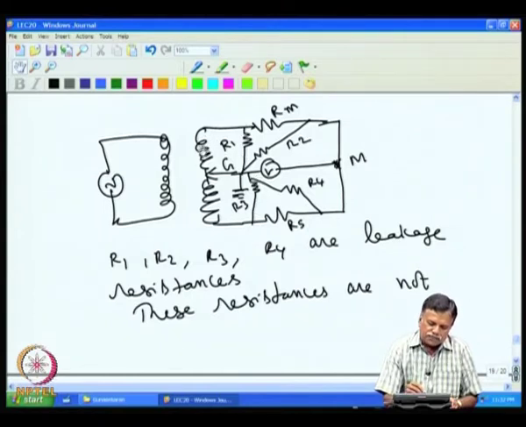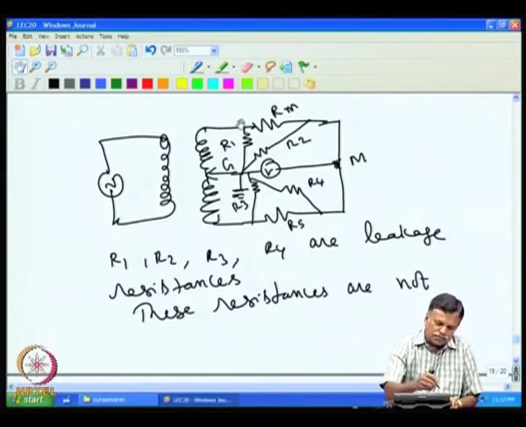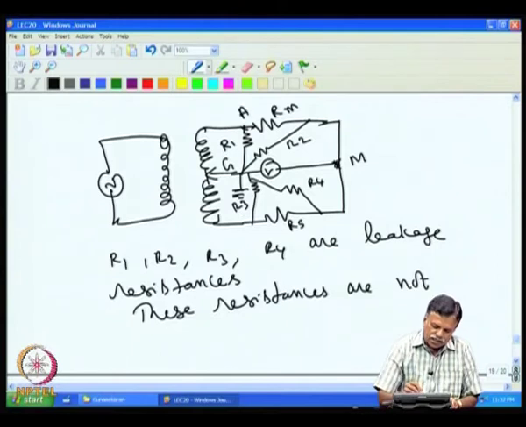Since the equivalent voltage source impedance of the transformer is very low, the current flowing through this has no effect on the voltage at this point, because whatever current is flowing is delivered by the winding. So the voltages at these points, say A and B, are unaffected by the resistances R1 and R3.